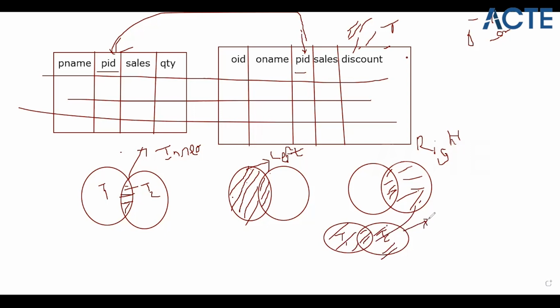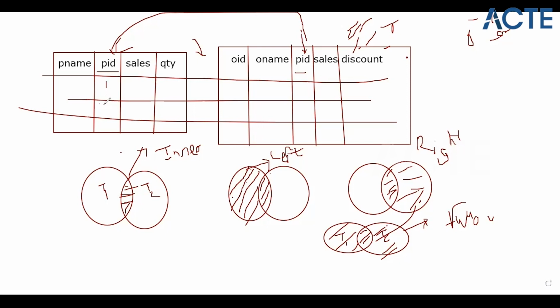If you say full outer join, the full data will combine together, not just the common part, not just the left part, not just the right part, the whole data. If I apply full outer join on these two tables, the whole data, P name, PID, sales, quantity, OID, O name, sales and discount will combine together.